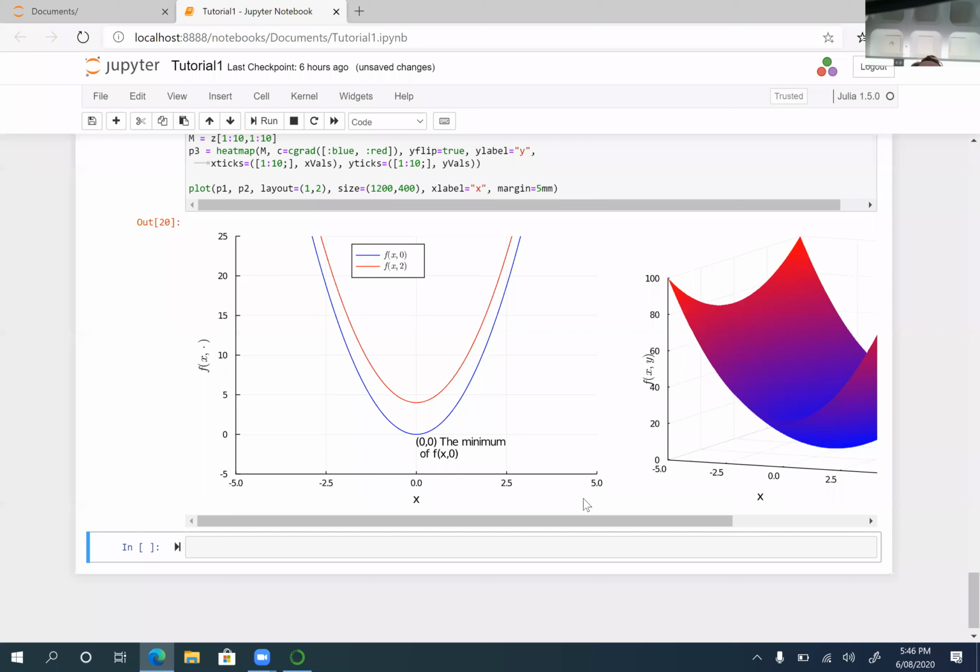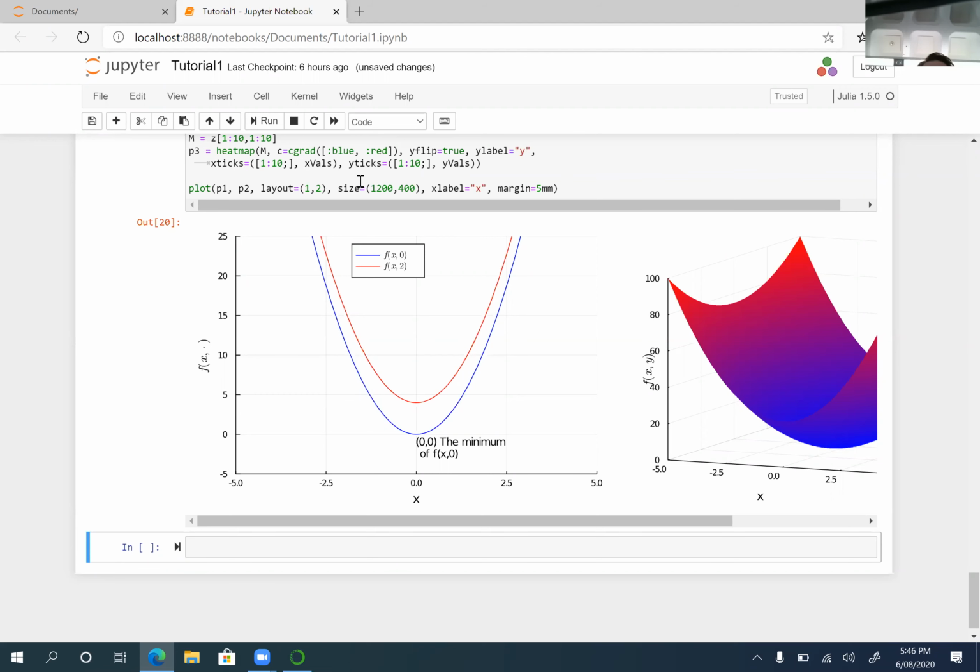To make this work here with Julia 1.5.0, we had to remove the P3. So we have only P1, P2 on the bottom line. I think there were some commands to delete, if I remember right. And we've got layout equals 1, 2. Those are the differences between what I've got here and what you might have downloaded from GitHub.